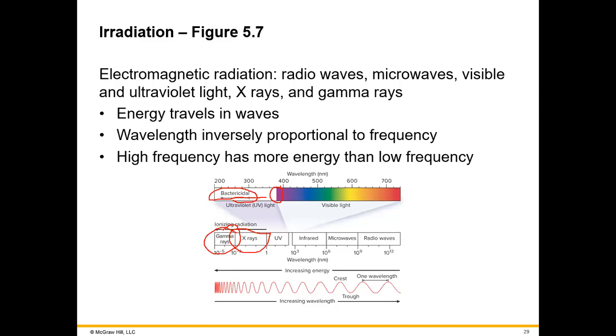So short wavelengths, high frequency, obviously has a lot more energy than low frequency, and it can also produce the so-called reactive species, reactive oxygen species, and other reactive molecules such as hydroxyl radicals.